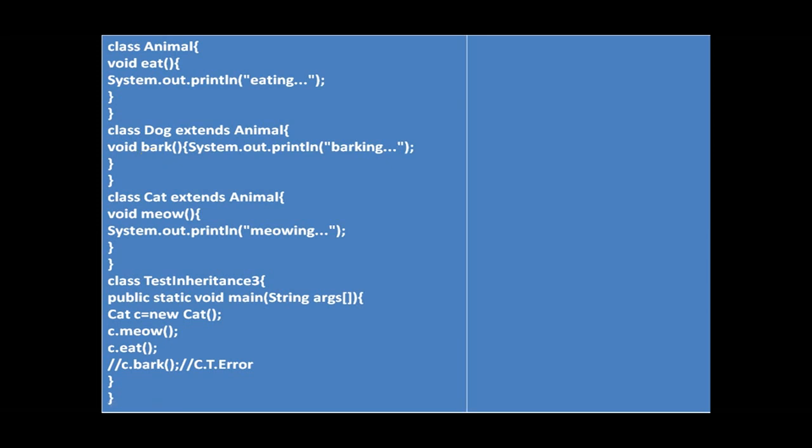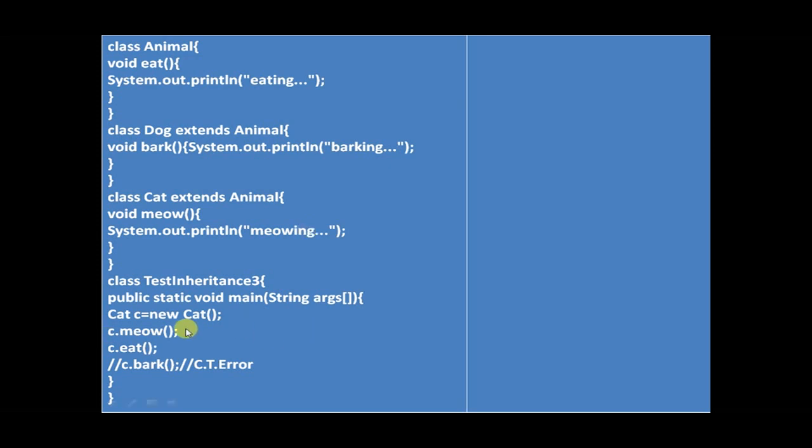Now we create another class cat which also extends the animal class, and we define a method mew. So the cat class also has two methods, one is the eat method and the second one is the mew method. So the two classes dog and cat are both extending the animal class. So this is the example of hierarchical inheritance.